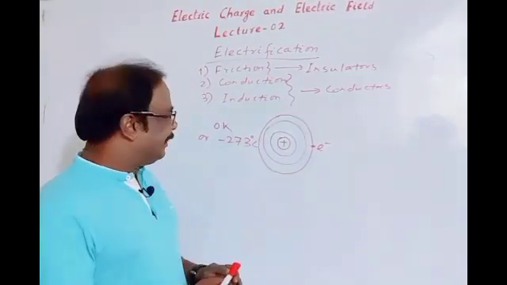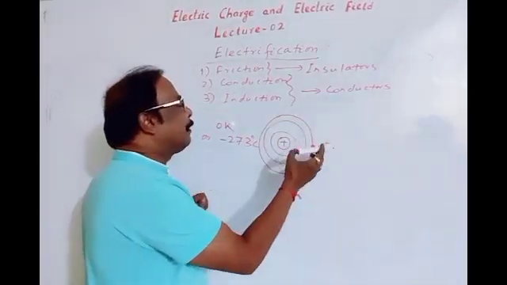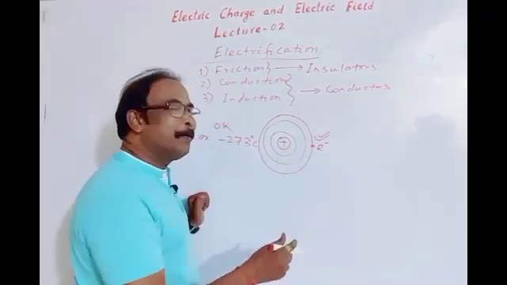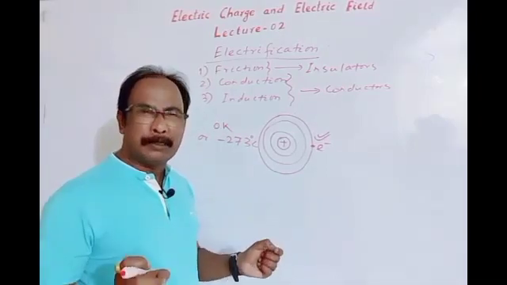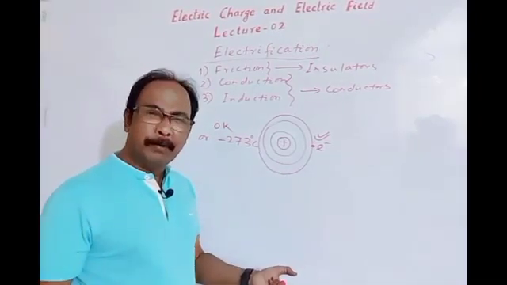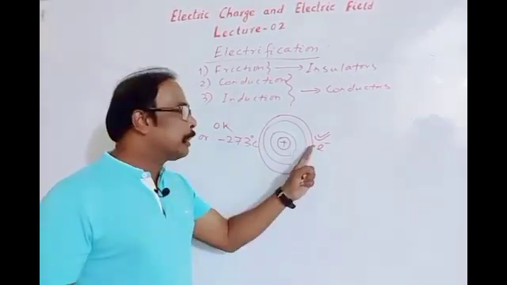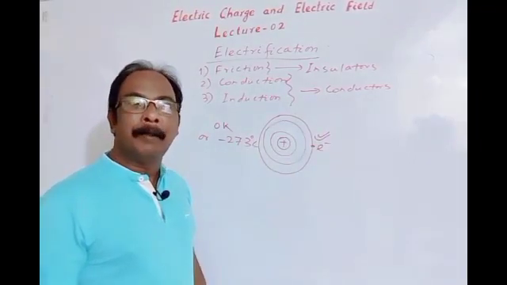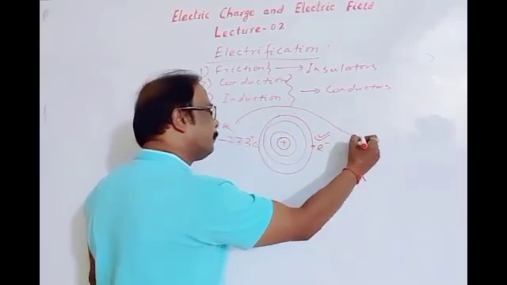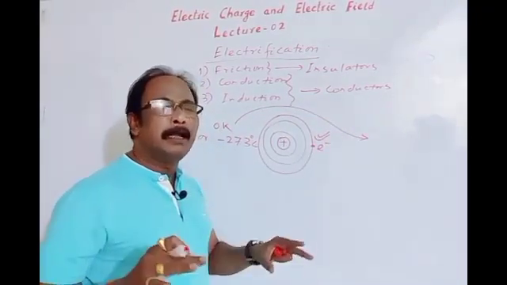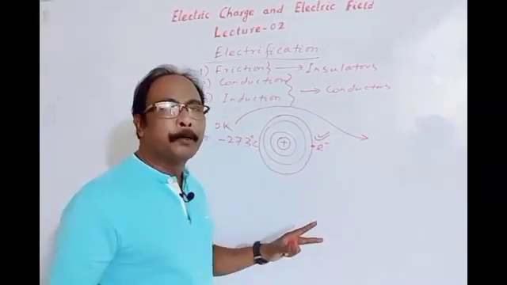Now to our usual discussion. At 0 Kelvin, the electrons do not possess a sufficient amount of energy to escape from the orbit of the nucleus. Suppose the temperature is increased and reaches normal room temperature.